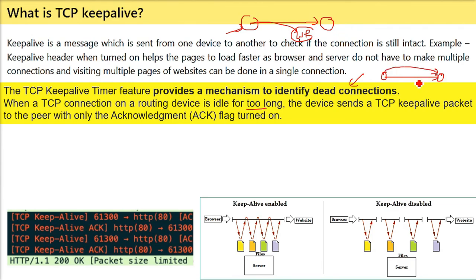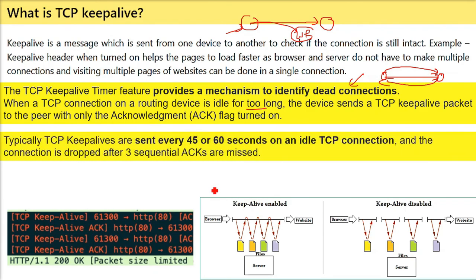There are 6 flags in the TCP header, and only ACK is turned on. Typically these TCP keep alives are sent every 45 to 60 seconds. If the TCP connection is idle, that is, you are not sending or receiving anything, the connection is dropped after 3 sequential ACKs are missed. This is how it works.